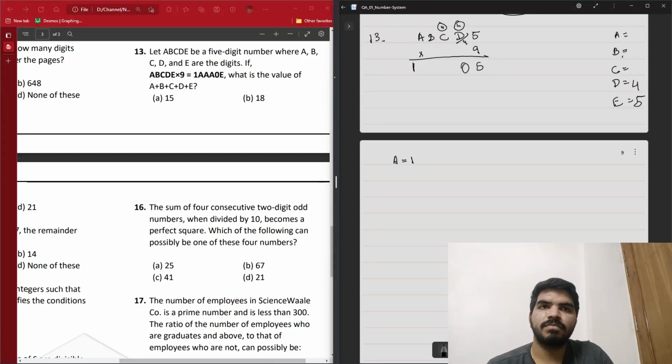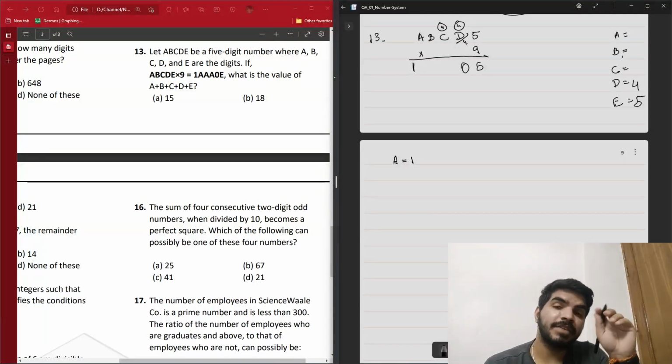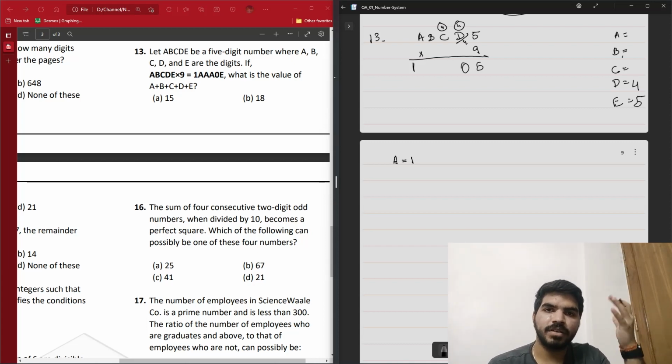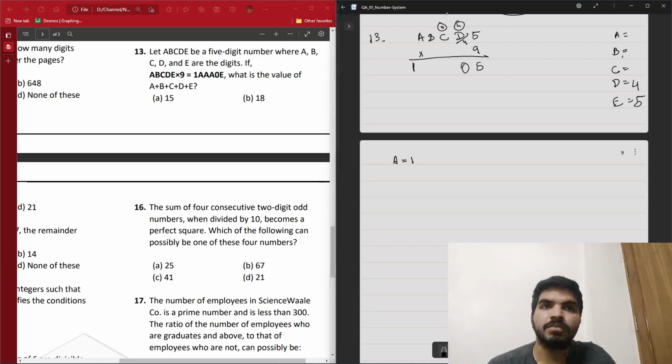And for getting 1, 9 multiplied by what number gives you 7 at the end, so that if you add 4, it will give 1? So this will be 27. 27 is the only number. Added 4, 31. So 3 will be the carry. Assume 3 will be the carry. I'll take that in another color. I'll erase it later. 3 is the carry.